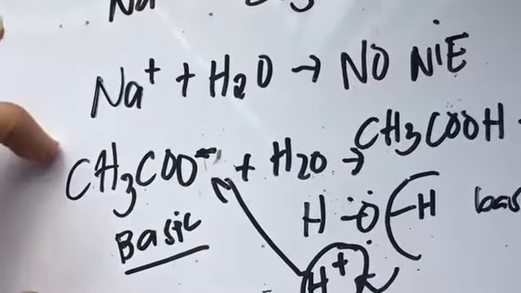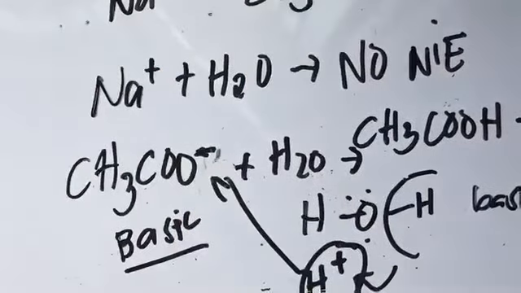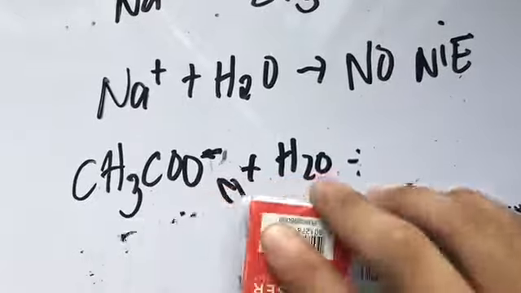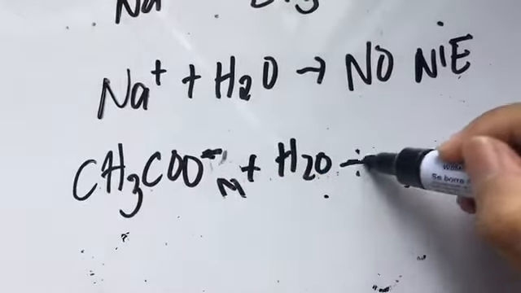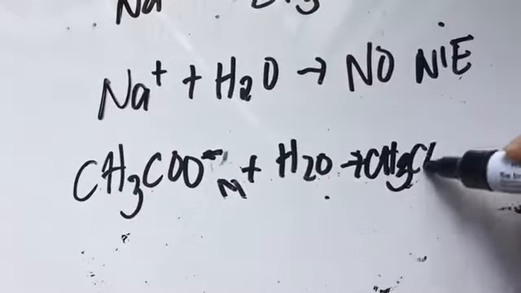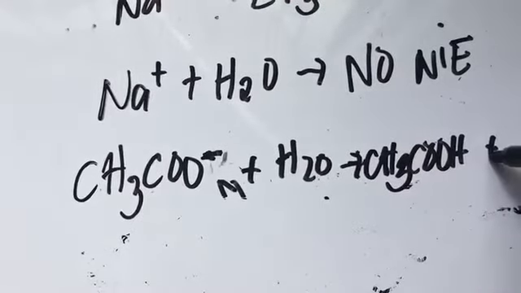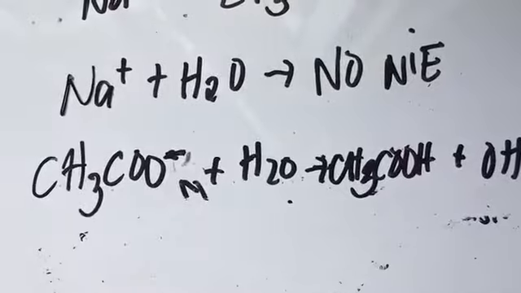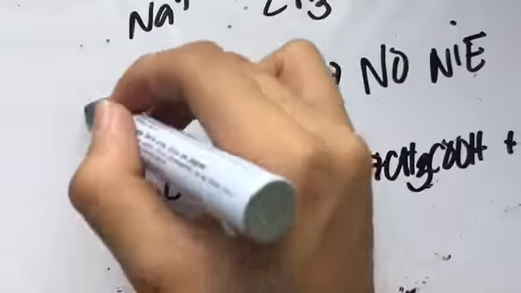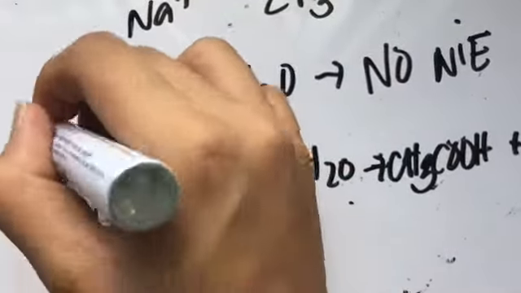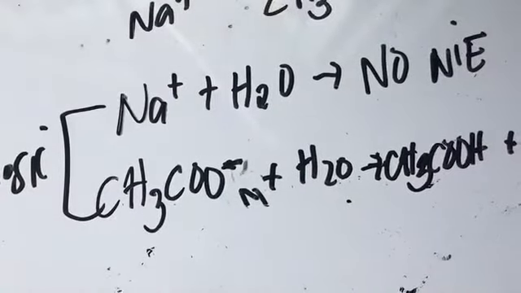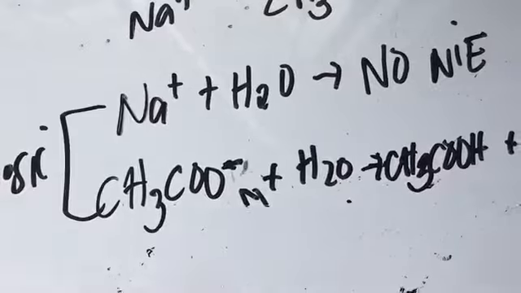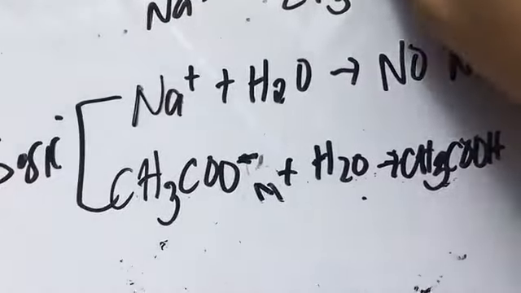Ito yung kanyang net ionic equation ng acetate ion: acetate ion plus water gives acetic acid, CH3COOH, plus OH. So it will form a basic solution. Tama, which is a basic solution.